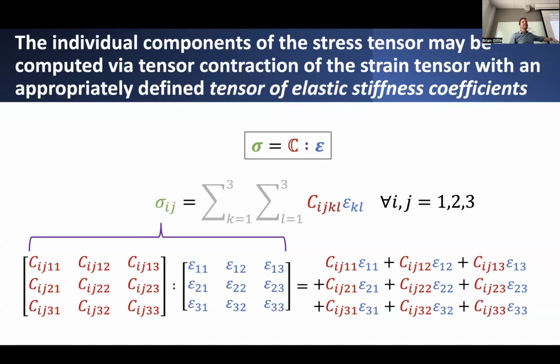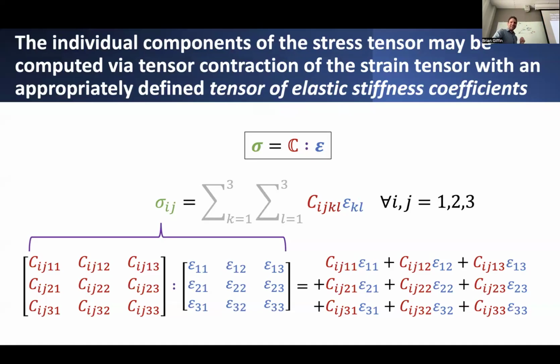So this is just an alternative way to relate the independent components of stress to the corresponding components of strain. In general, all the components of strain will potentially affect a given component of stress. And this is true for all values of sigma ij, where i and j range between 1 and 3.